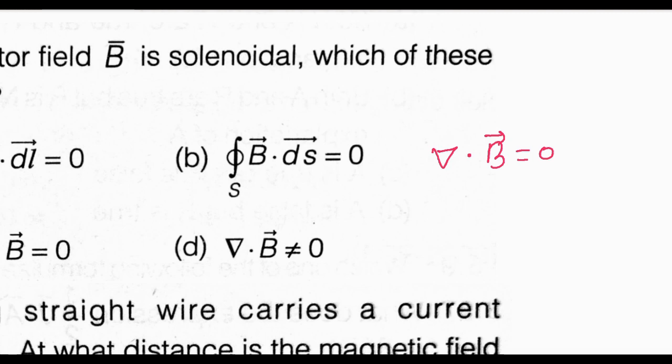This means no existence of magnetic monopole. This can also be represented as the surface integral of B dot dS equal to 0. So here option B is the correct answer.